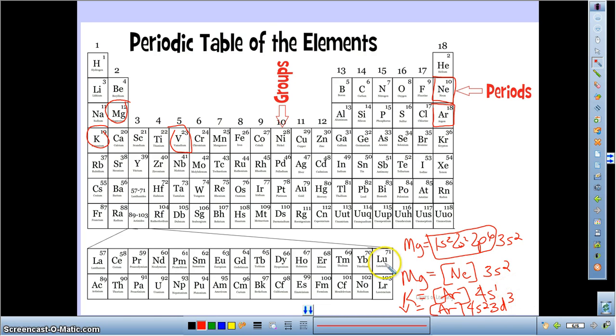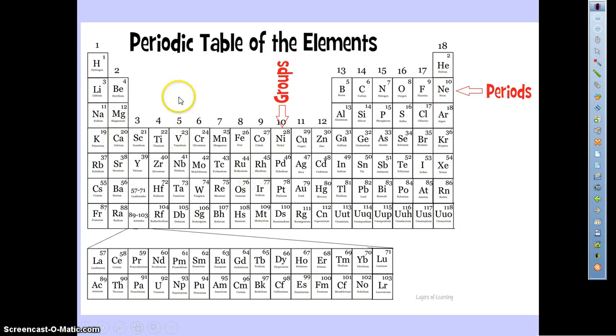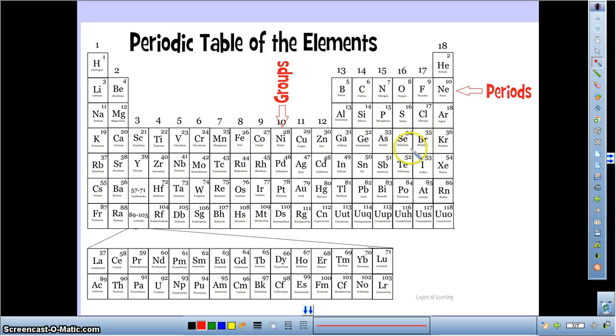I'm going to get rid of these, and we've looked at metals so far. Let's look at how to do a noble gas configuration using a non-metal on this side. So let's say, for example, that we want to write the electron configuration of chlorine. Just like with the metals, we're going to go backward, to the noble gas that comes before chlorine, which would be neon.